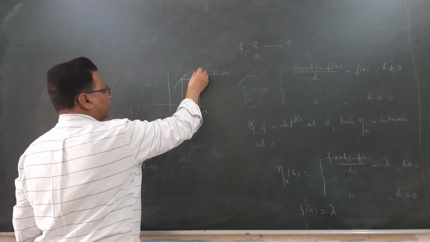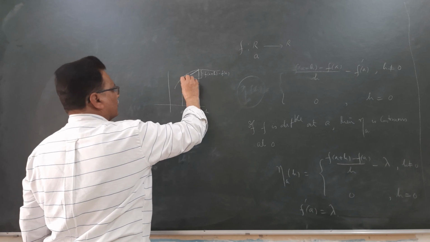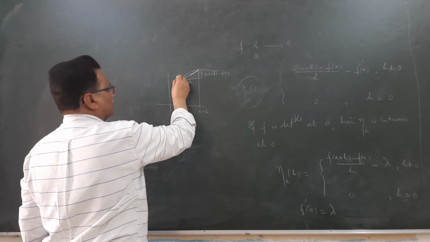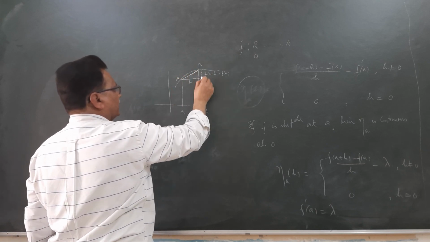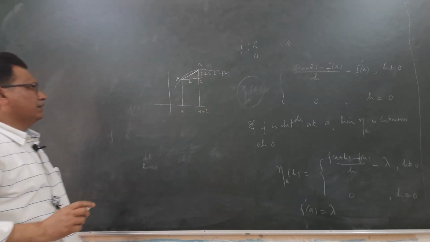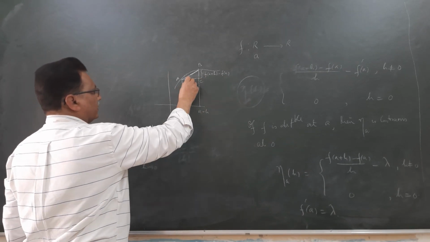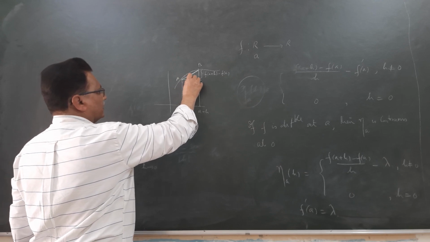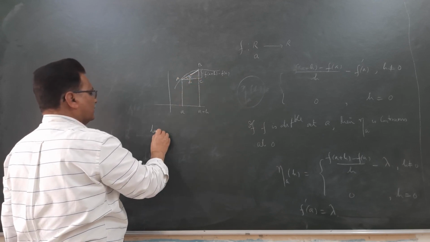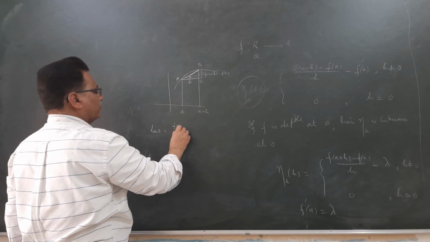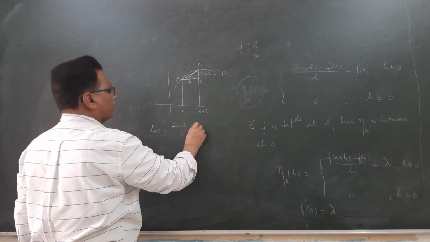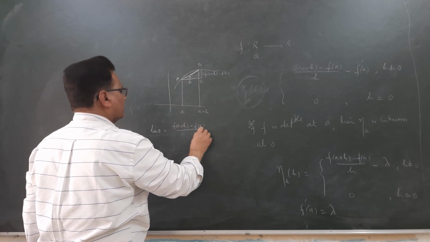So you have this triangle, you may call it ABC. So ABC is a right triangle, and if I consider this angle as theta, then tan theta is actually f of A plus h minus f of a upon h.